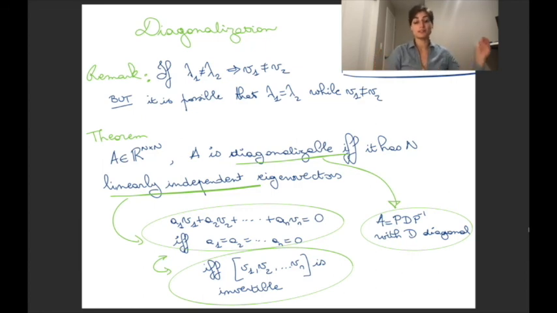And this happens if and only if the matrix with all the eigenvectors written down as columns is invertible. And if you know how we diagonalize matrices, you know that P is structured exactly like this, with v1, v2, v3, up to vn as vertical eigenvectors.